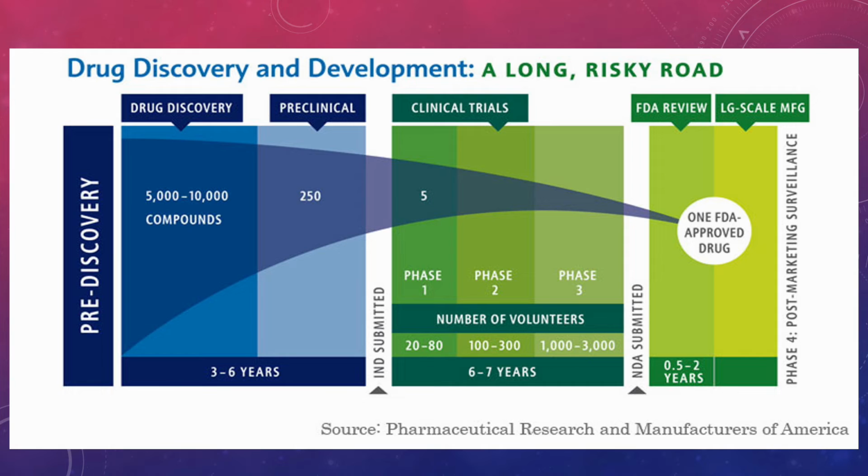This can include hundreds of thousands of pages of documentation which summarizes all collected data from the discovery phase onwards and where the principal investigators argue for approval, usually with the FDA. If the regulatory authorities approve an application, the candidate drug, or medicine as it is now called, is ready for market launch.